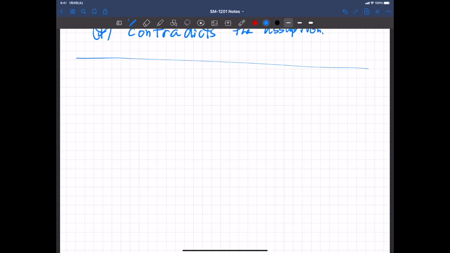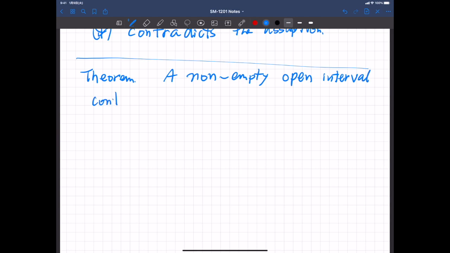So here's the theorem: a non-empty open interval contains at least one rational number.